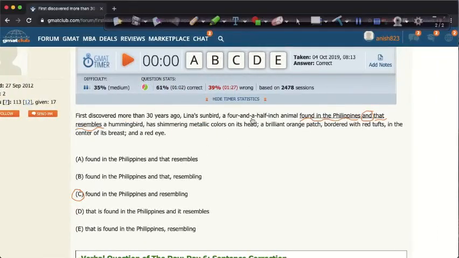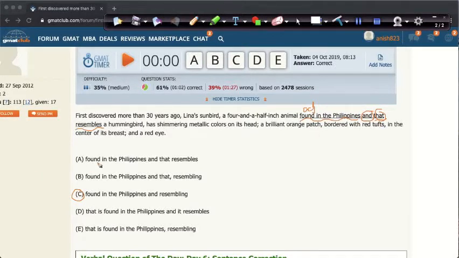So now going back to this question, what do we see here? We see found in the Philippines and that resembles a hummingbird. This is not parallel. Here we have this adjective found, and then we have that resembles. We have this that clause. No. This is not correct. We would have to say maybe that was found in the Philippines and that resembles a hummingbird.